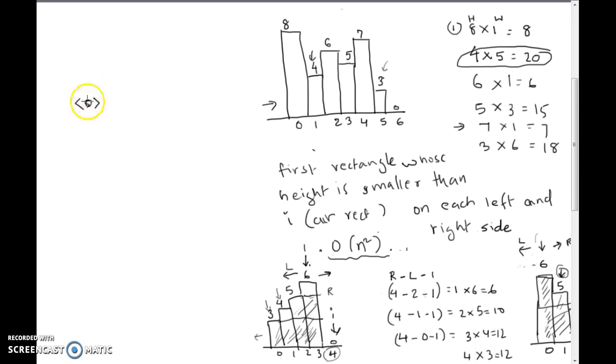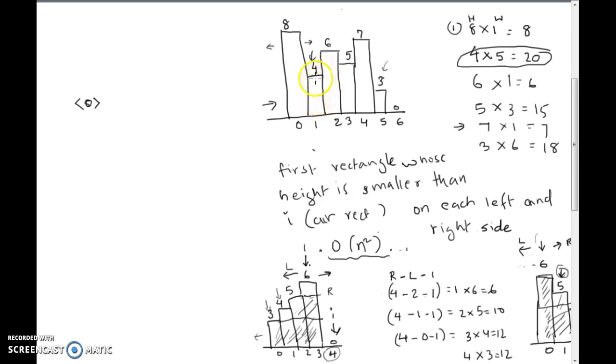So we take that out of the stack, because we have seen that towards the left and towards the right, there is nothing towards the left, but there is a smaller one towards the right. So we process this. We have seen that if there is nothing towards either left or right, then we use the right limit.